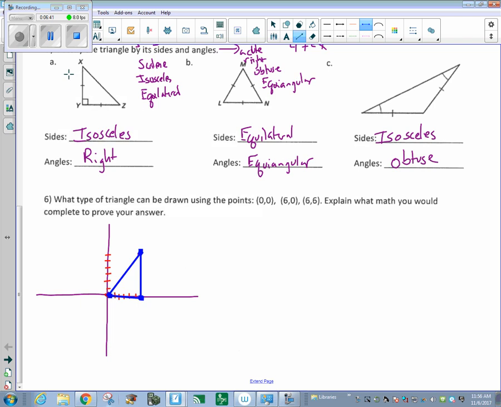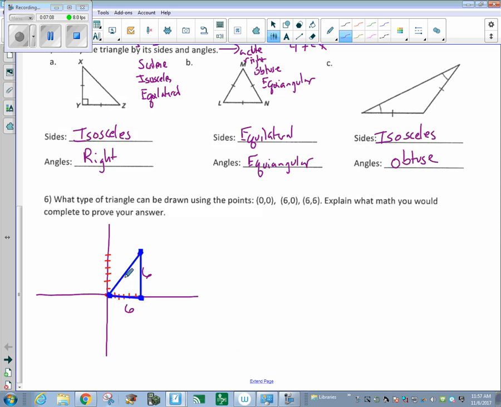And so with that triangle, a couple things that I can tell. I can tell just by counting, since I've got horizontal, that this side's length is 6 and this side length is 6. So I know that this guy has to be isosceles, because I have two side lengths the same. And if I went through, I could do the distance formula on these, but when it's horizontal and vertical, all I have to do is count.